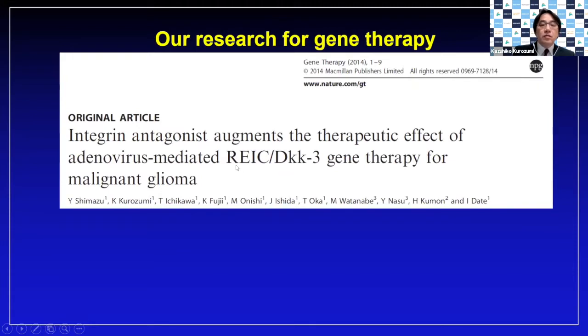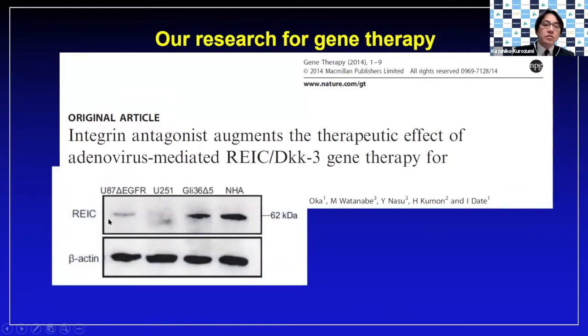Firstly, we showed there is an anti-tumor effect if we put REIC/Dkk-3 into tumor cells, because tumor cells have reduced expression of this gene or protein, compared with normal human cells. So we put this gene into an adenovirus, and then we can have an apoptotic effect.